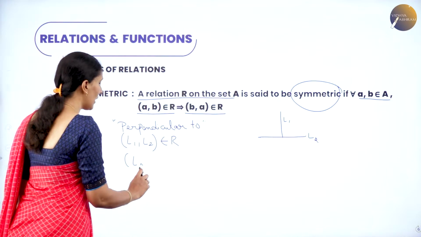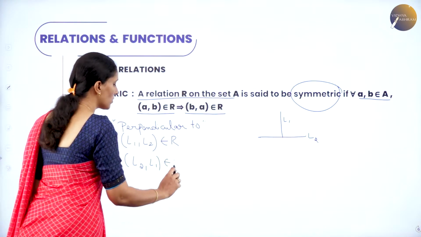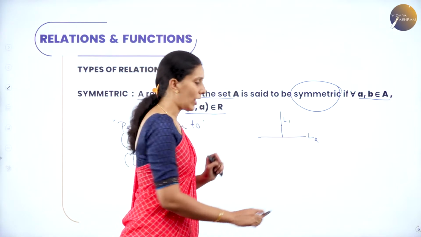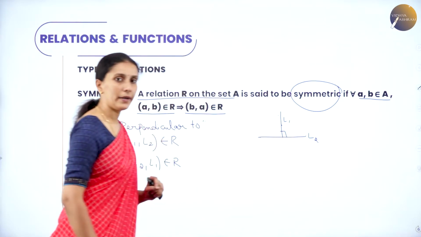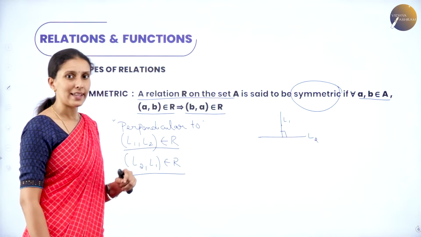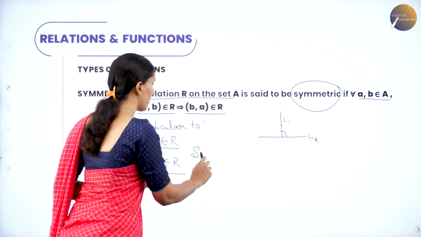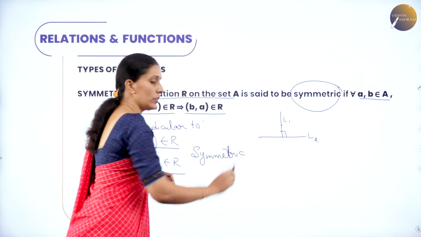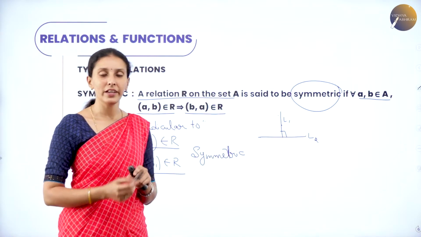So can I write (L2, L1) also belongs to R? Yes, I can write, because if L1 is perpendicular to L2, then L2 is also perpendicular to L1. So whenever these conditions are possible, we say R is symmetric. So this is an example of a symmetric relation.